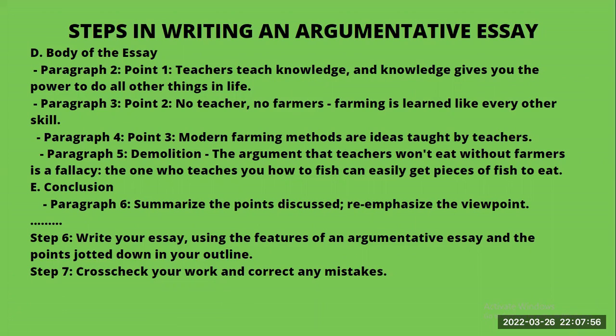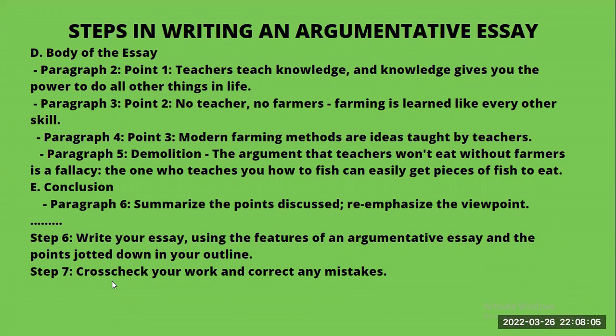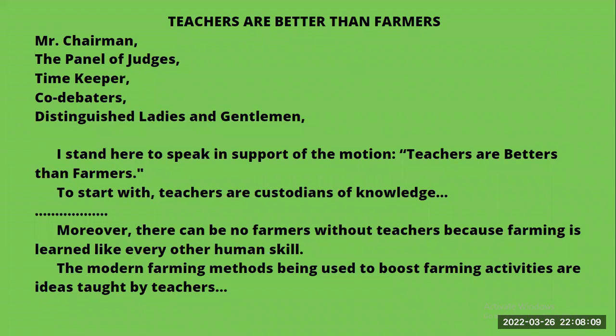After writing your argumentative essay, the final step, which is step number 7, is to cross-check your work and correct any mistakes therein. Okay, let me now give you a picture of what an argumentative essay should look like.